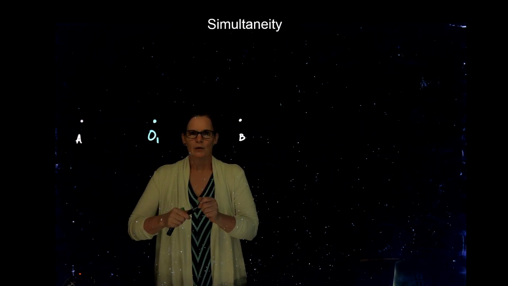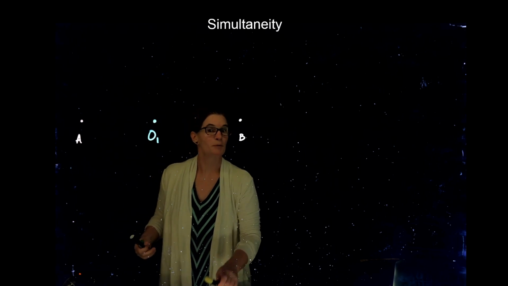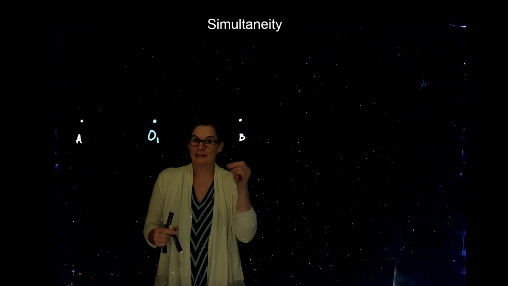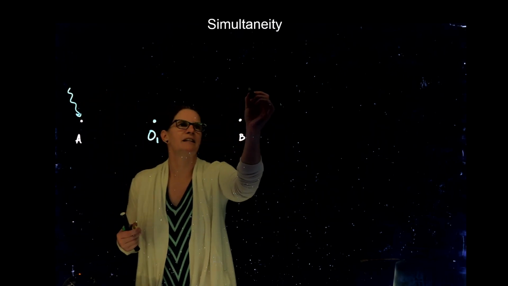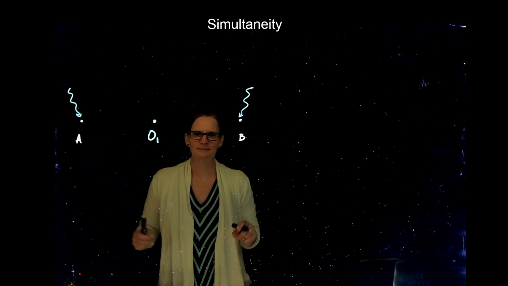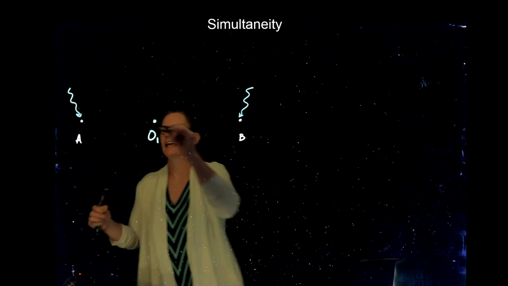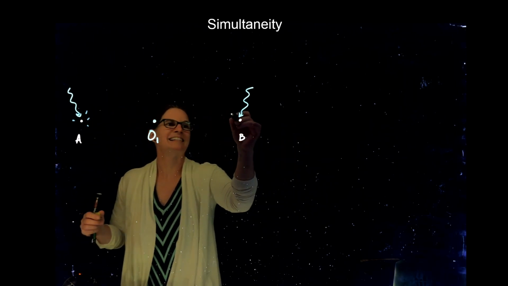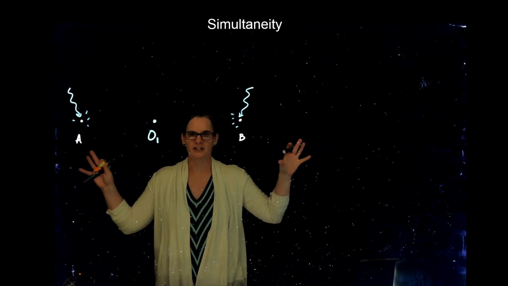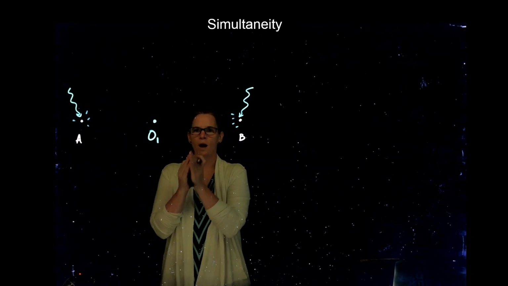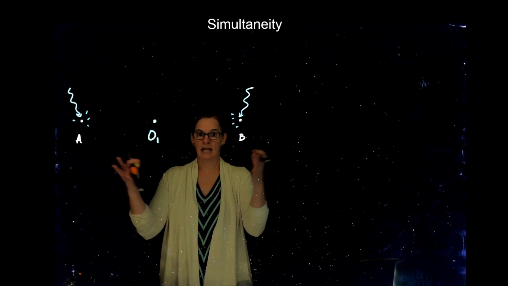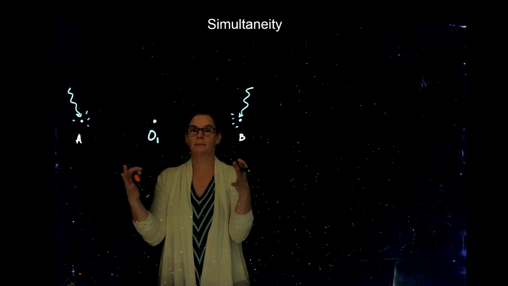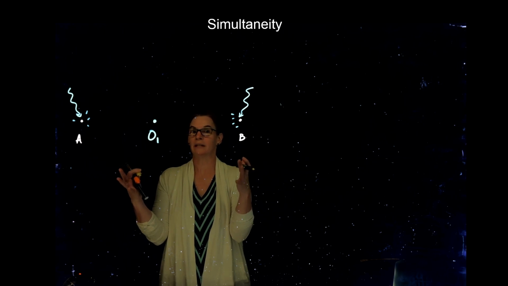So let's say we have a lightning strike or a flash of light at A. At the exact same time, there's a flash of light at B. Now, if observer 1 is directly in the center, then that light is going to travel, and light travels at a constant speed, right?